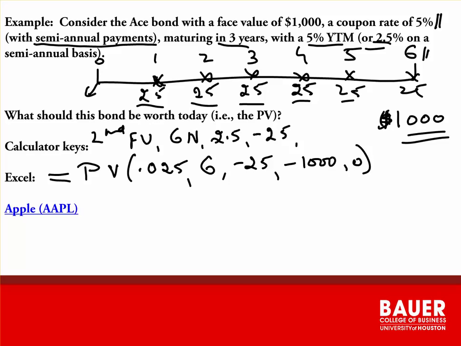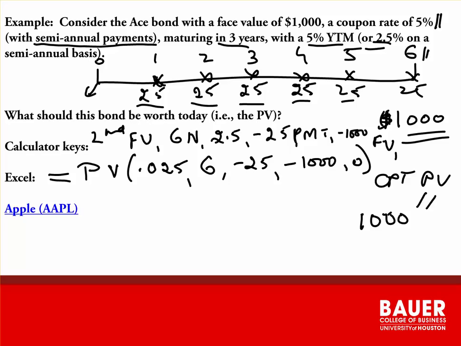So minus 25 is your payment, and then minus 1,000 is your future value, and then you compute your present value. If you do that, you should get a present value of 1,000. So that's another example of bond valuation.